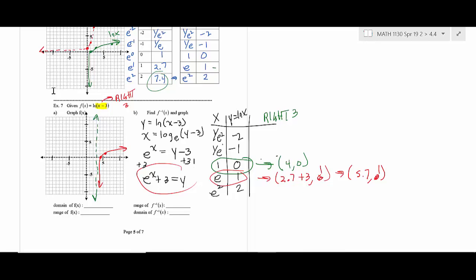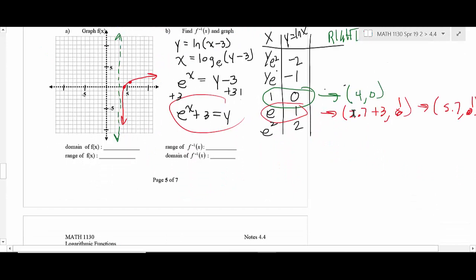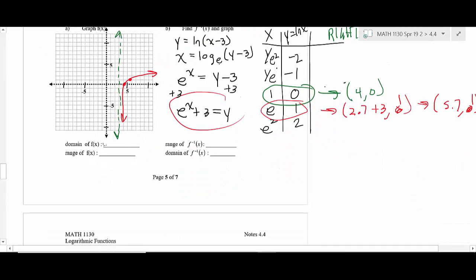So that means the domain, I'll write this in set builder notation again. We would say set of x such that x is greater than 3. What that's going to mean is that's going to turn into the range of the inverse. So the range of the inverse is going to be set of y with y being greater than 3.